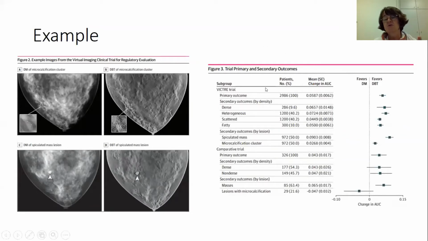And they have seen for which aspects DBT versus digital mammography would be best. You see that for all aspects, DBT is actually the winner, and for the detection of microcalcification, it was not significantly different, but DM had a somewhat better score.